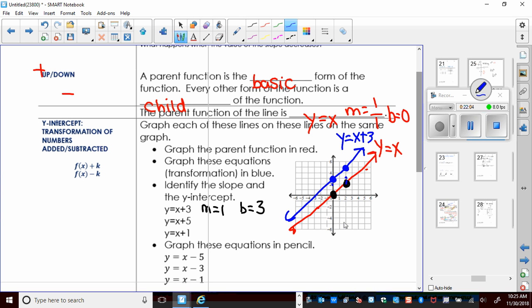Now, if I asked you to write this in words, you would write shifts up 3 units. That implies for x plus 5, you shift up 5 units. That implies for plus 1, you shift up 1 unit.